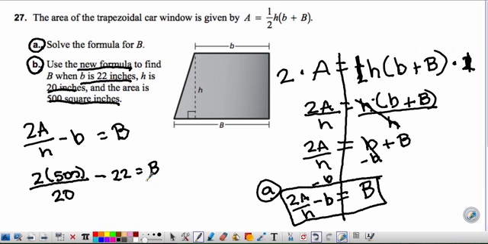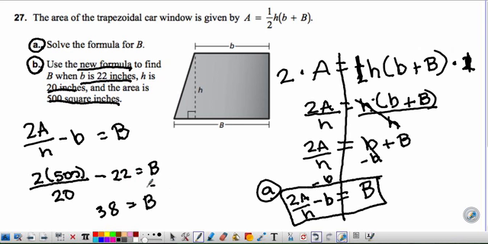You got to follow the order of operations. Please excuse my dear Aunt Sally. 2 times 500 is 1,000. 1,000 divided by 20 is 50. I'll save you some long division. 50 minus 22 is 38.